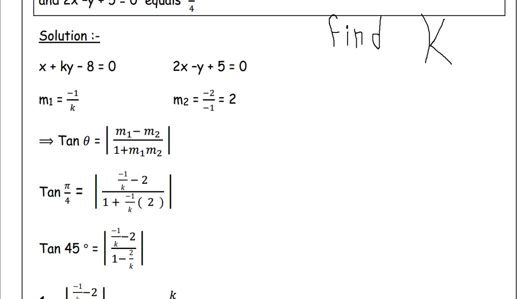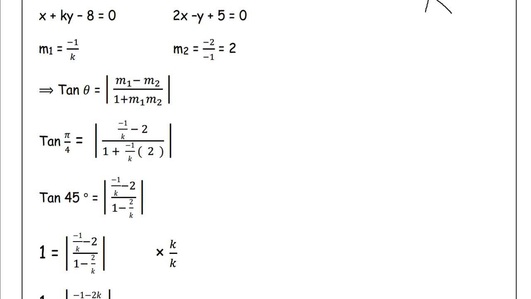Tan 45 equals the absolute value of negative 1 over k minus 2 over 1 minus 2 over k. So by simplifying, negative 1 over k minus 2 over 1 minus 2 over k equals 1. Why 1? Because tan 45 is 1.